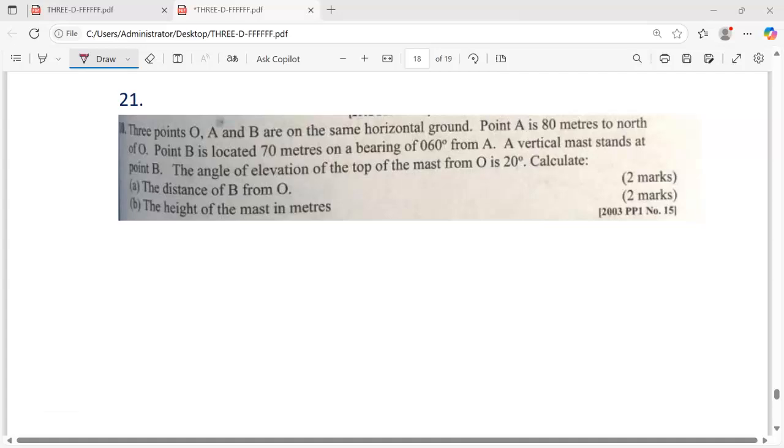This is KCSE 2003 Paper 1 number 15, a question on three-dimensional geometry. The question reads: three points O, A and B are on the same horizontal ground.